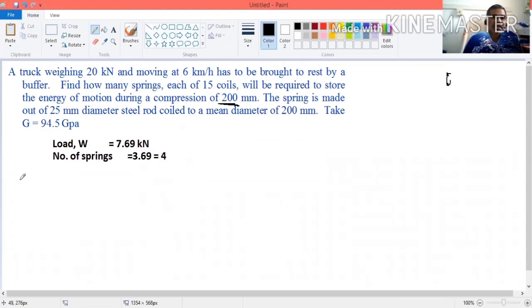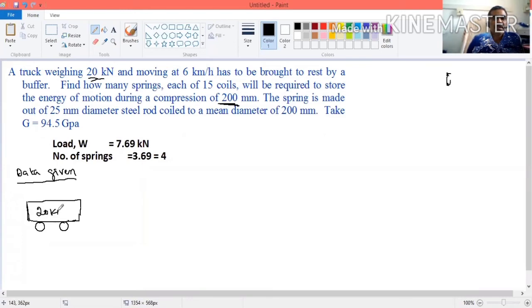So here the data given are: a truck. What is the weight? The weight of the truck is 20 kilonewton.